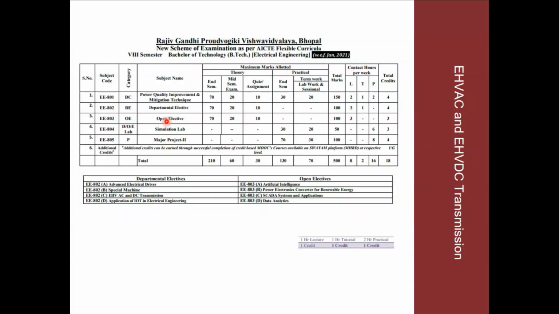So this is the subject code EE802C, and it carries 70 end sem marks, 20 mid sem marks, quiz assignment 10. So total it carries 100 marks and it has 4 credits. So this is about the weightage of this subject in this semester.